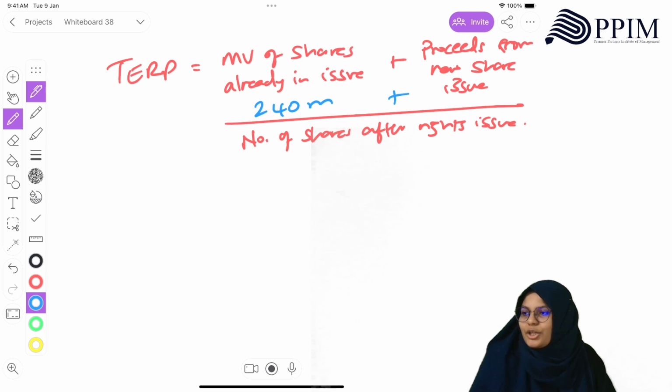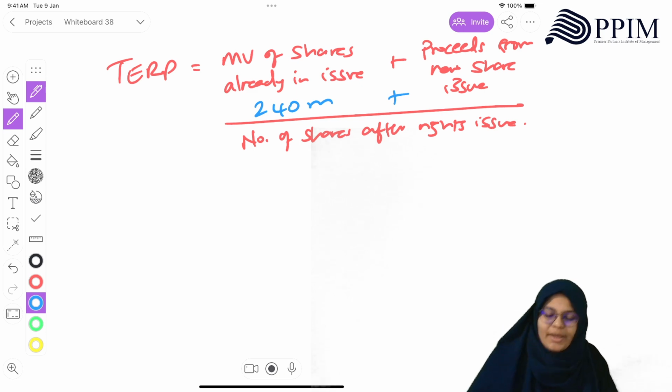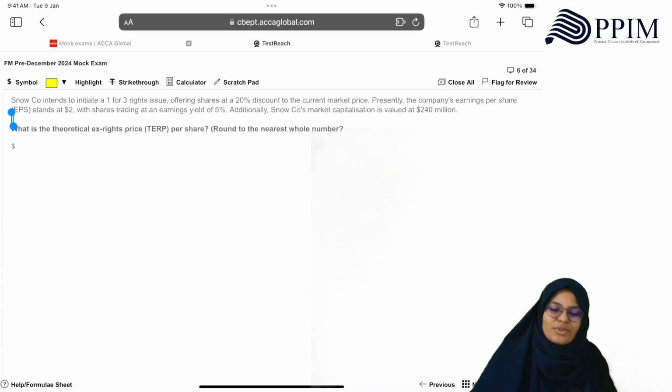Proceeds from the new share issue. Okay. So if I need to know the proceeds from the new share issue, first of all I should know how many shares did I issue in the first place. Okay. So if you see here, it's a 1:3 rights issue offering shares at a 20% discount to the current market price, right? So first thing I will do is let me try to get this current market price.